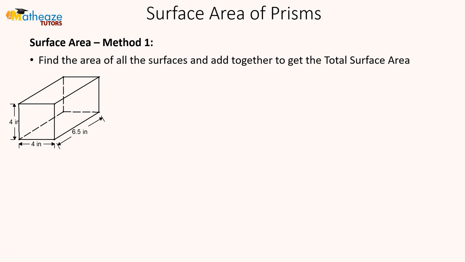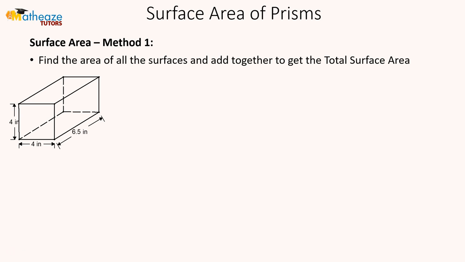Now, if we want to find the surface area of a prism, the first thing we're going to do, using method 1, is to actually find the area of every surface of that prism. So this rectangular prism has 6 surfaces, so we're going to look for the area of each of these surfaces.